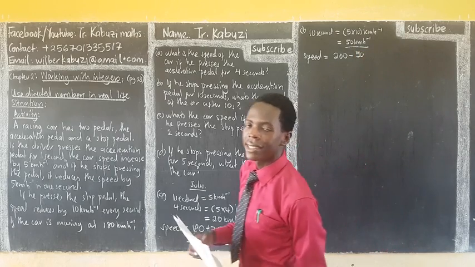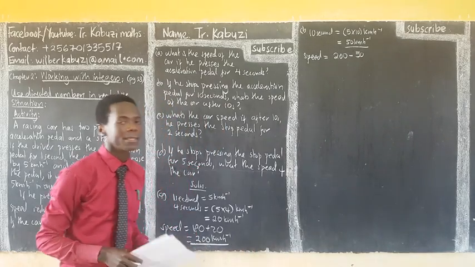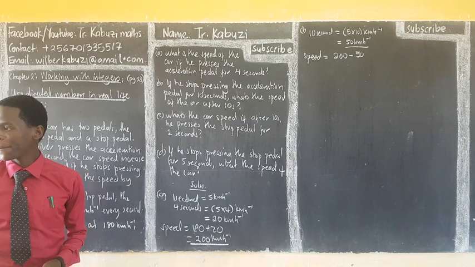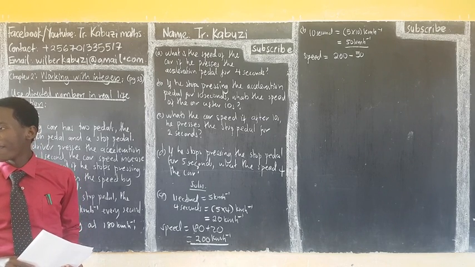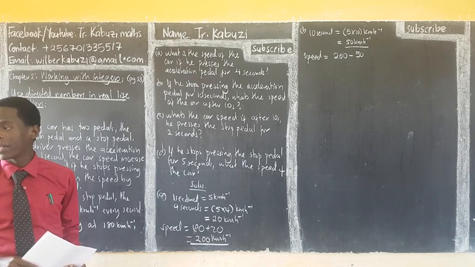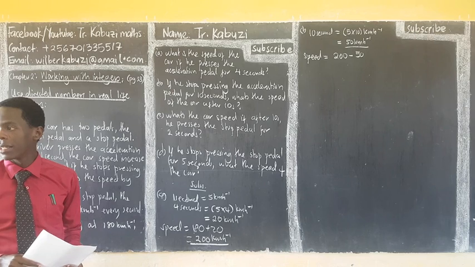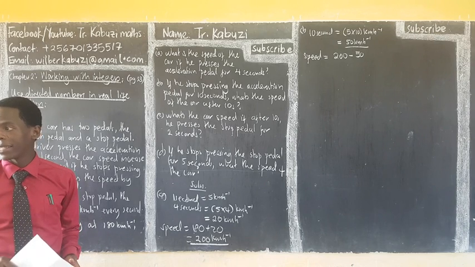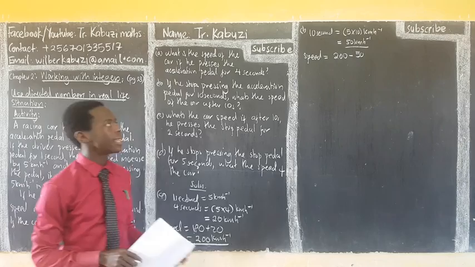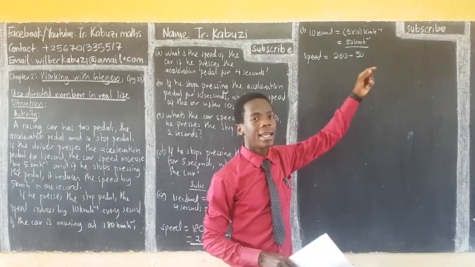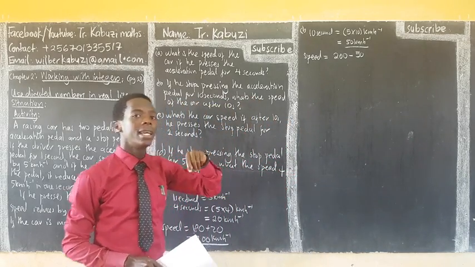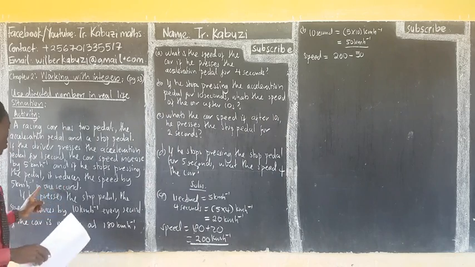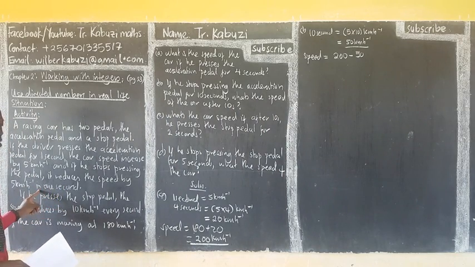Why are they subtracting? Why do you think they are subtracting? Because the speed is reducing. Why is it reducing? He has stopped pressing the acceleration pedal. Someone says they subtracted because after he stops pressing the acceleration pedal, the speed is going to reduce by 5 kilometers per hour in 1 second.